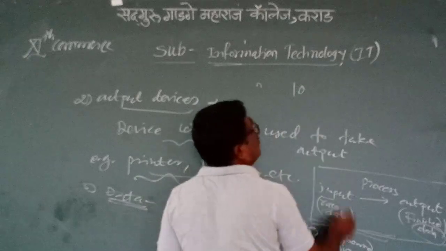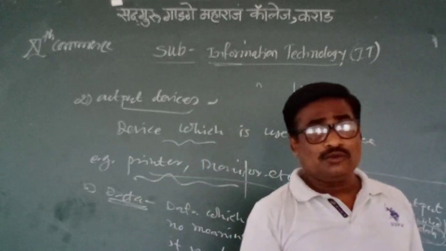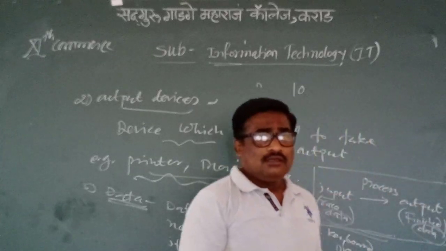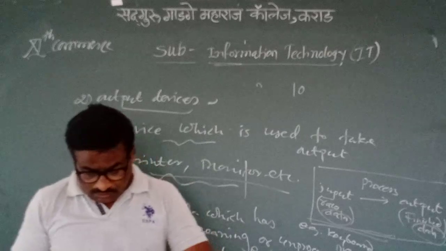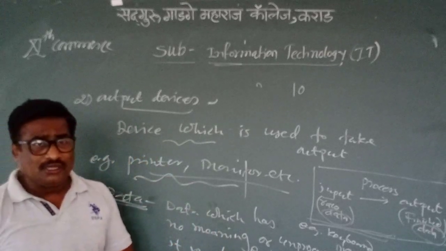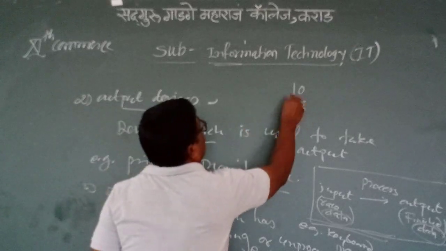For example, number 10. What is 10? It is difficult to understand. The fact or figure which has no meaning, which is difficult to understand, is therefore called data.